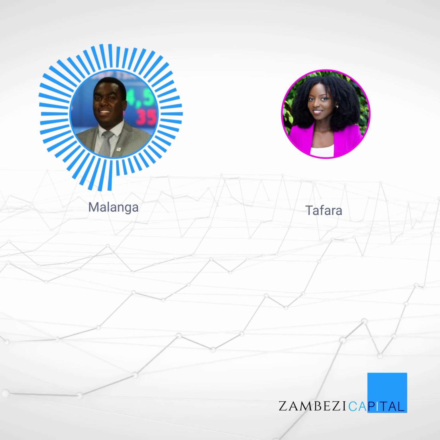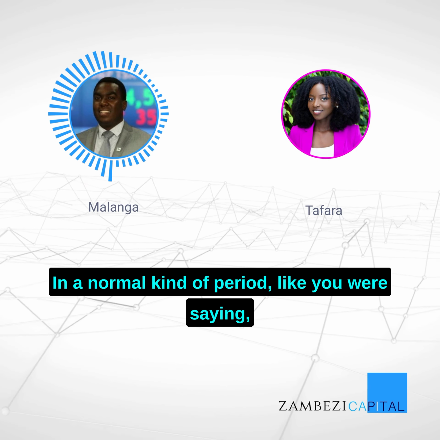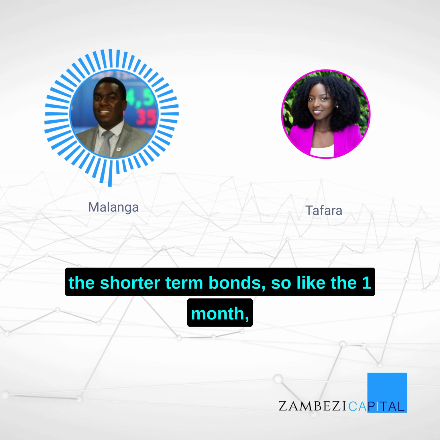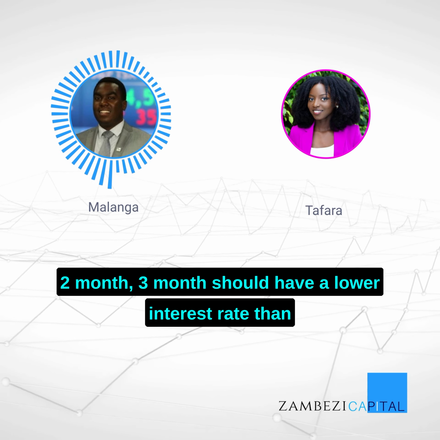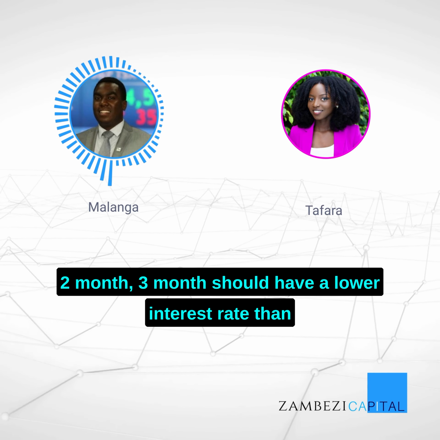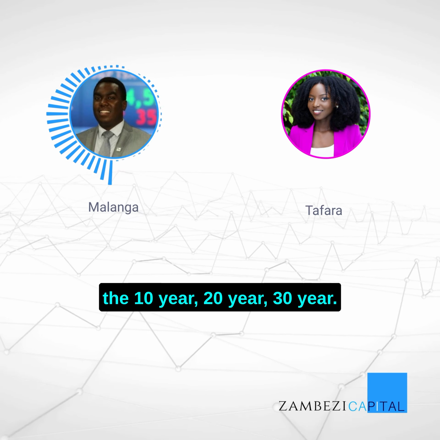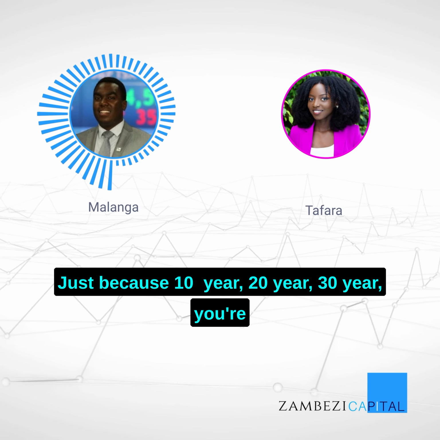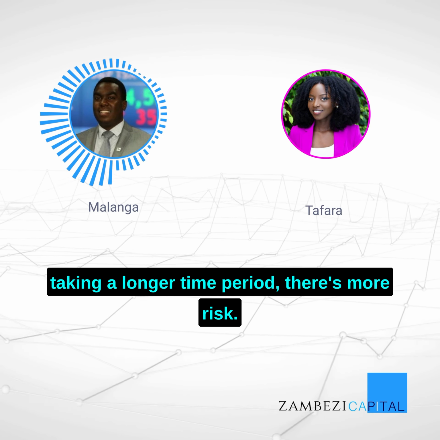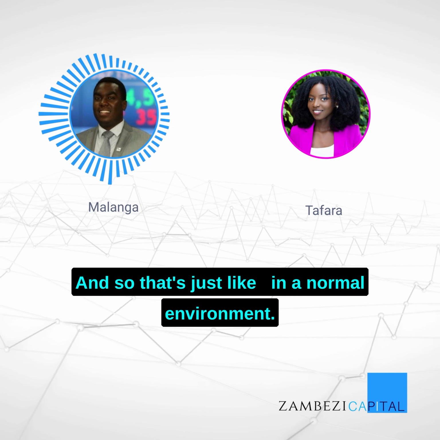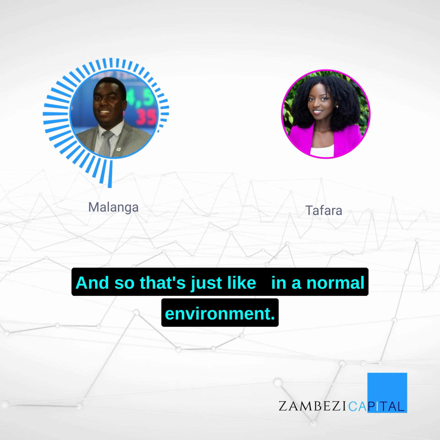Right. So in a normal period, like you were saying, the shorter-term bonds, the 1 month, 2 month, 3 month, should have a lower interest rate than the 10-year, 20-year, 30-year, because with the 10-year, 20-year, 30-year you're taking a longer time period. There's more risk, so you should expect to be paid more, right? That's just in a normal environment.